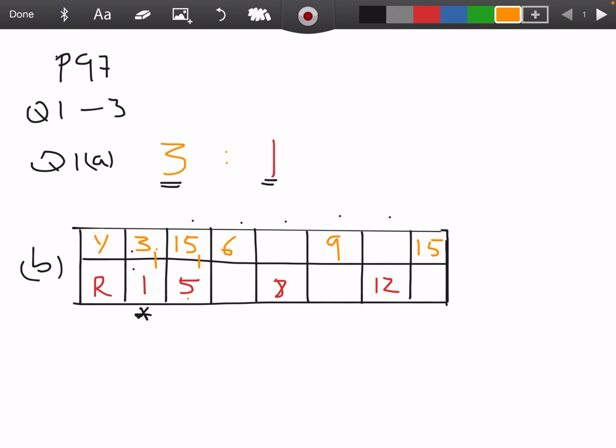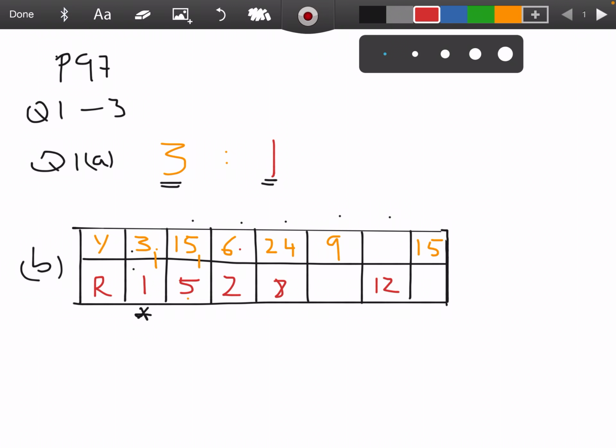It's just different amounts. So in the next one then you've got 6 parts yellow, and that has to be 3 times as much as the amount of red. So we divide by 3 in this case and you end up with 2. So we've got 6 is to 2, and then we can just continue on that way. 8 is to what? We multiply by 3 in this case to get 24. In the next one, it's going to be 9 is to 3.